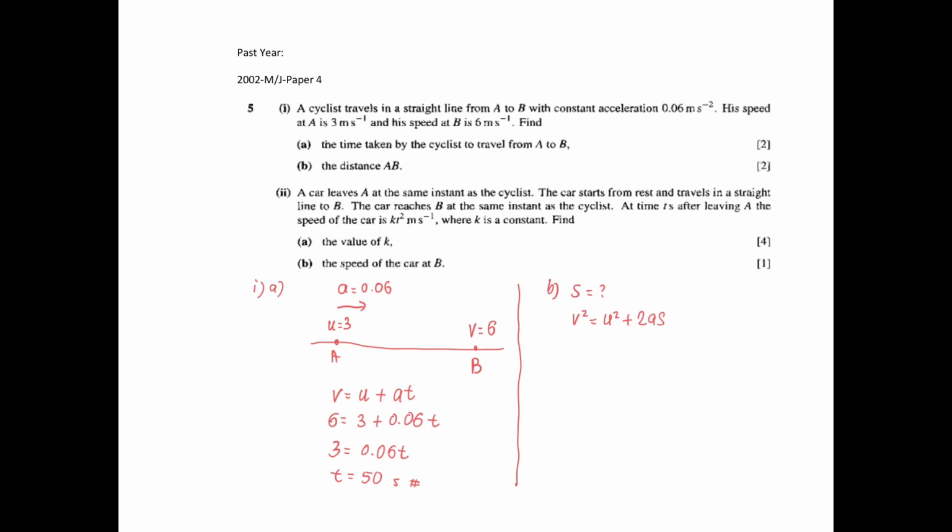Okay, so we substitute 6 squared, 3 squared, 2, A is 0.06, S is unknown.